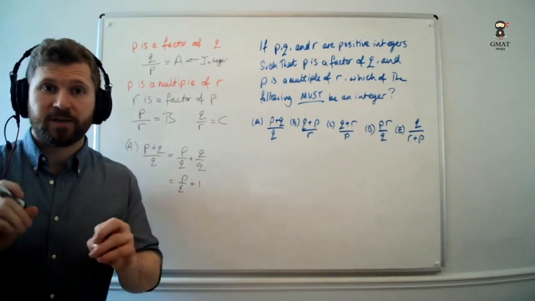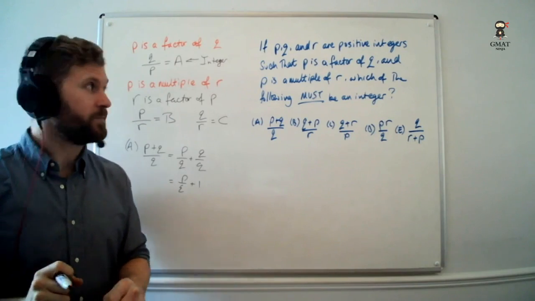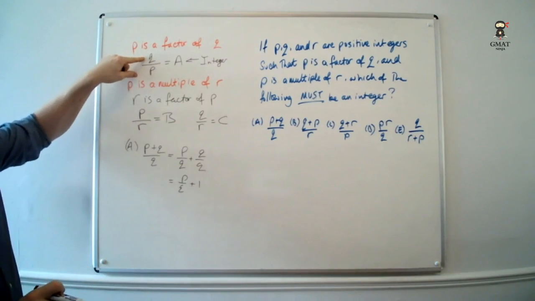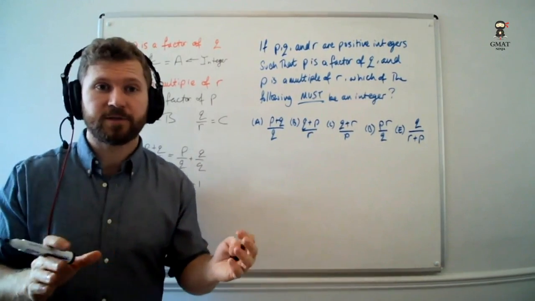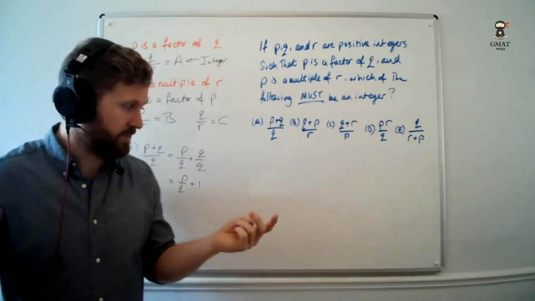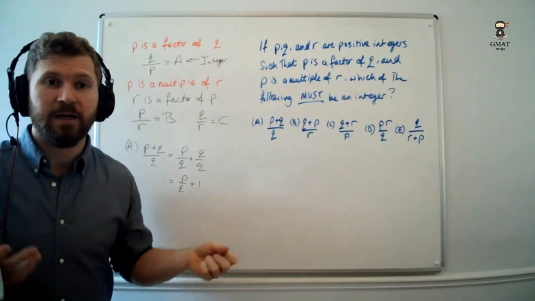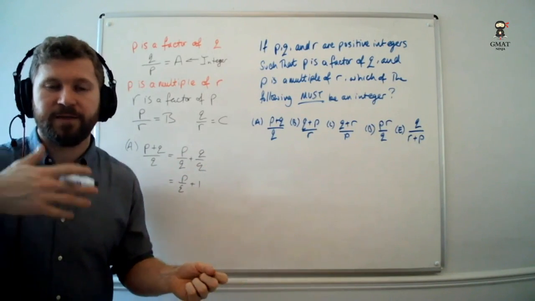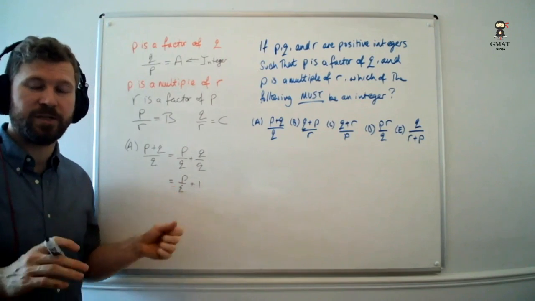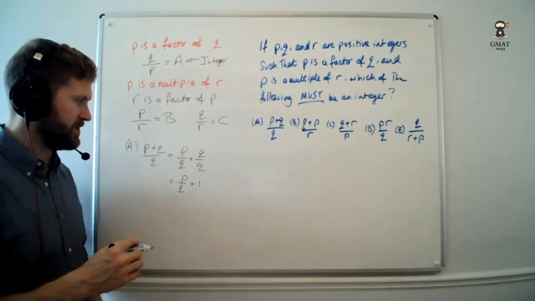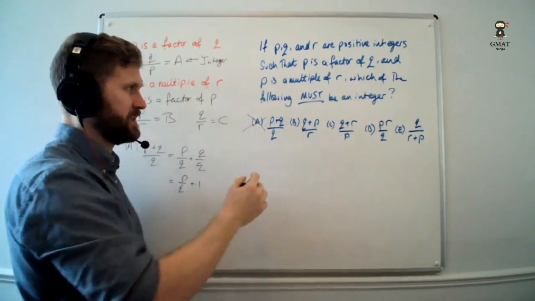Now P over Q, again, the question must be an integer. We know that P divides Q. P is a factor of Q. And in that case, P could be the same as Q, because, as we've just found, any number divides itself. But we don't know that. P might be smaller than Q. It might be something else. P divided by Q, we can't guarantee that would be an integer. So our answer choice can't be A.